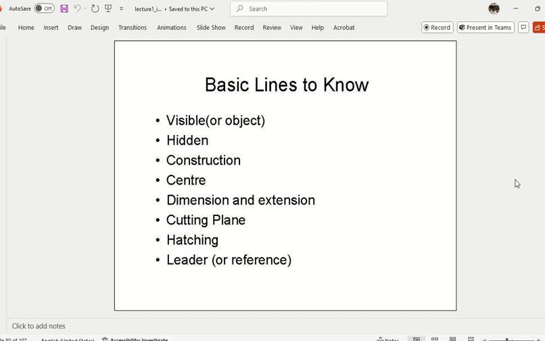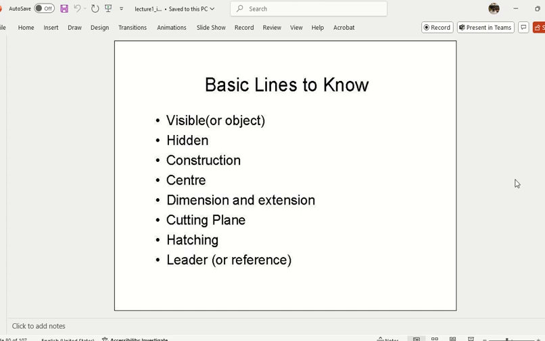Okay, what is the difference between them? Solid line and dashed line. Why do I have dashed line here? Dash line, it's something behind. Behind. Okay, so we call it a hidden line. Hidden. Something which is behind. It's in the same direction but behind. Okay, so we do it with a hidden line.